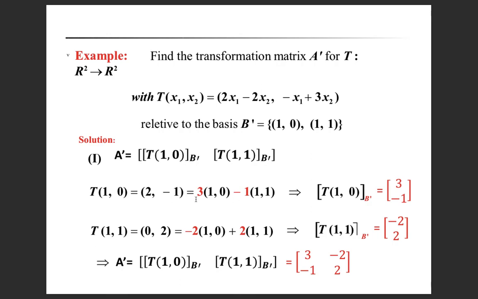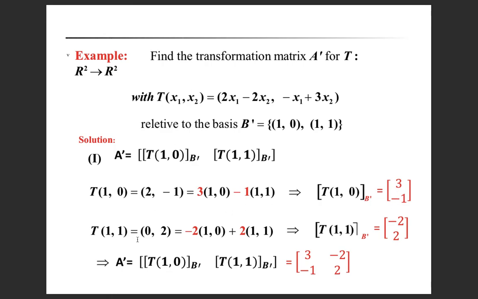Means x plus y equal to 2 and y equal to minus 1. So we have obtained y to be minus 1. If we substitute y equal to minus 1 in the equation x plus y equal to 2, we get x equal to 3. So [T(1, 0)]B' is equal to (3, minus 1).